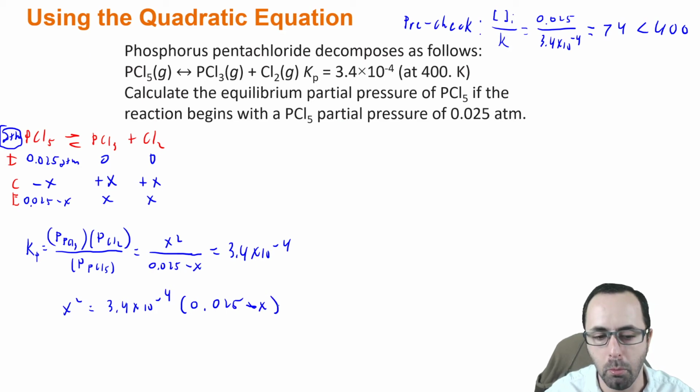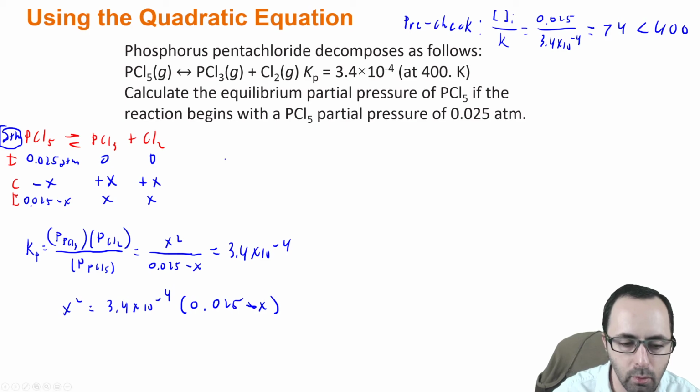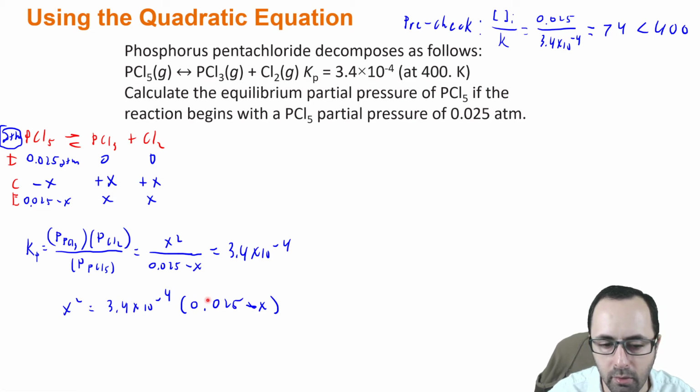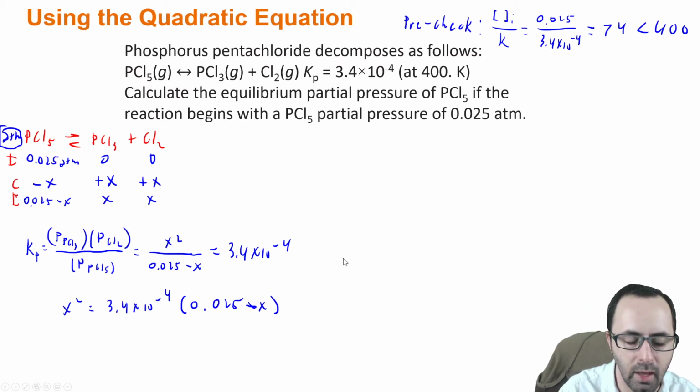So when we multiplied by this on this side, it canceled, and we had just x squared here. And then on this side, we had 3.4 times 10 to the minus 4 times 0.025 minus x. Okay, now we're going to distribute this. So we're going to multiply 3.4 times 10 to the minus 4 times 0.025 and times negative x.